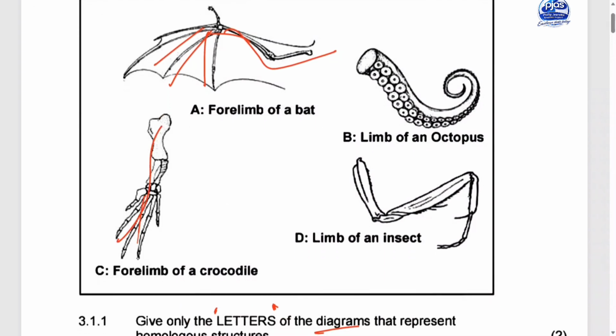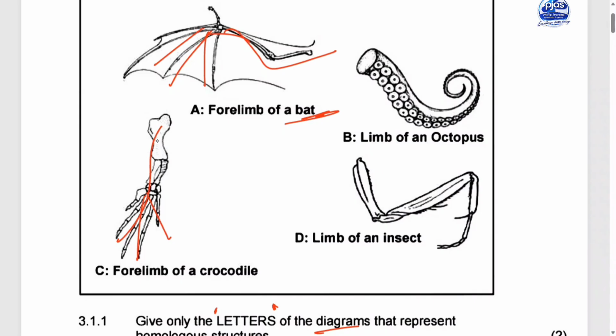The forelimb of a crocodile is used for diving when it is in the water, and on land it is used for crawling, to walk, and to balance the body.